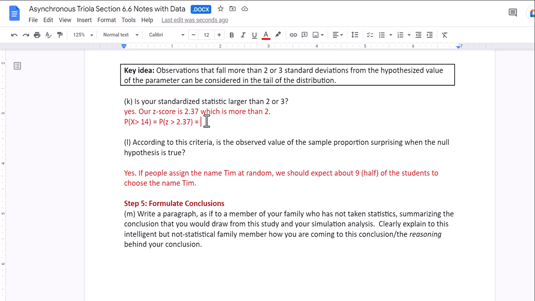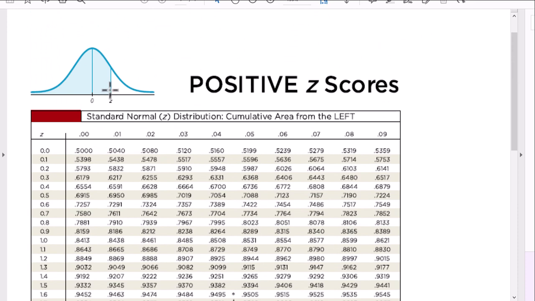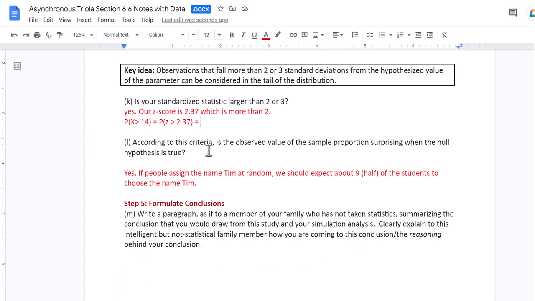Now remember, our z-score gives us the probability that x is less than z. So to get the probability that x is greater than z, I have to do 1 minus that value. So this is 1 minus the probability that z is less than 2.37. The reason we use the less than is because that's what the table gives us.